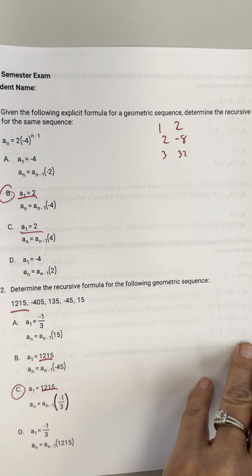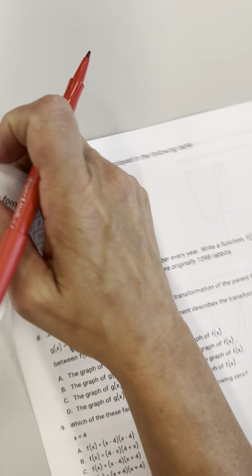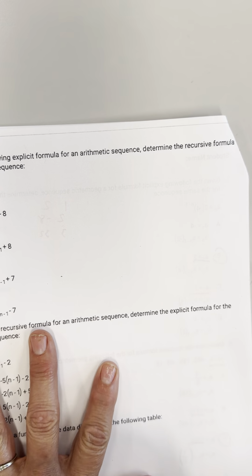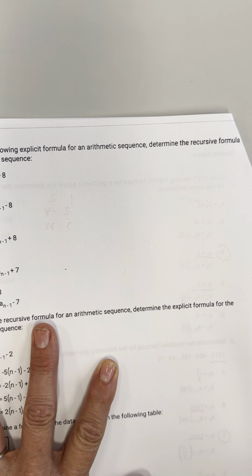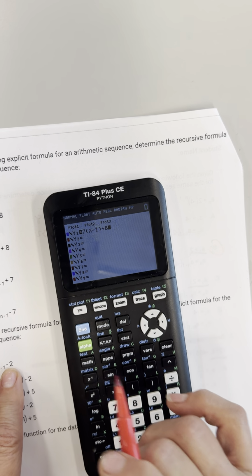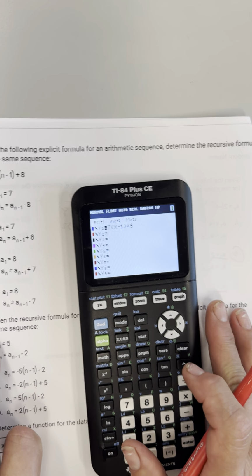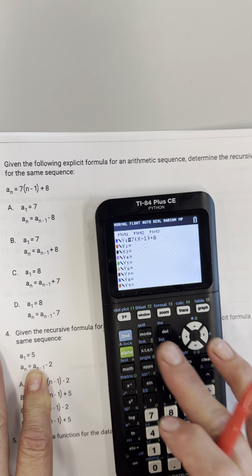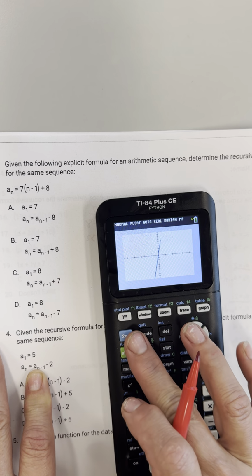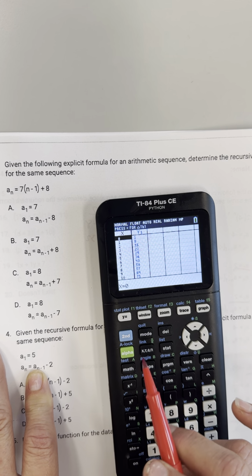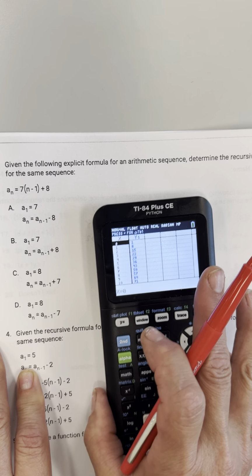And number 3. Number 3 is arithmetic, so we are adding or subtracting and multiplying. And I'll also put that in y equals. There we go. So we'll go to our table. Second graph. And our first one is 8.